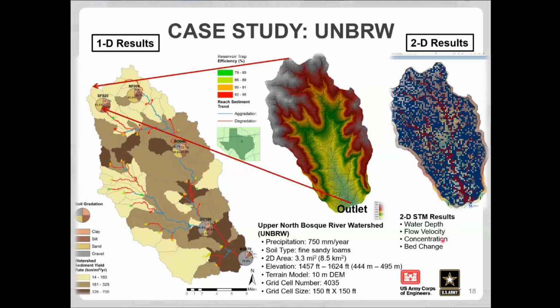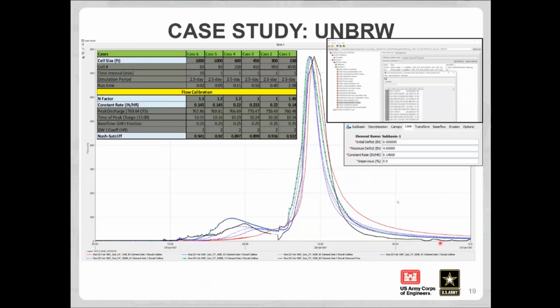Okay, let's move into a little more detail. This is flow, for a 2.5-day simulation. First, I got one calibrated flow model. That is case 1, 150 by 150 grid size. I got the calibrated model, but I want to check different grid sizes because maybe I need a long-term simulation.